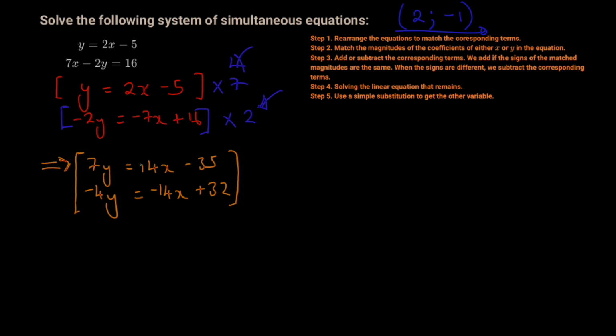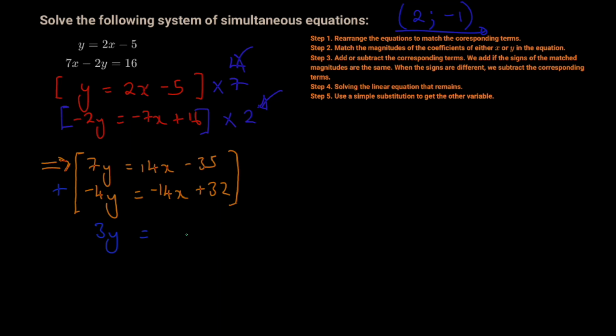Okay, you can actually see that 14x here, in order for you to eliminate x, you're just supposed to add, because it becomes 14x minus 14x, then you just get 0. For the first term here, you'd be saying 7y, then minus 4y. So 7y plus minus, you get minus. So 7y minus 4y, what do you get? You get 3y here.